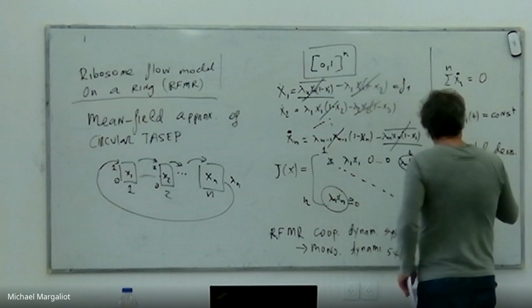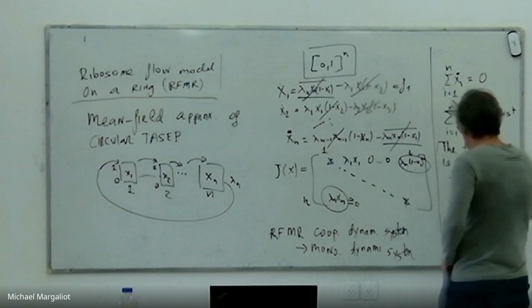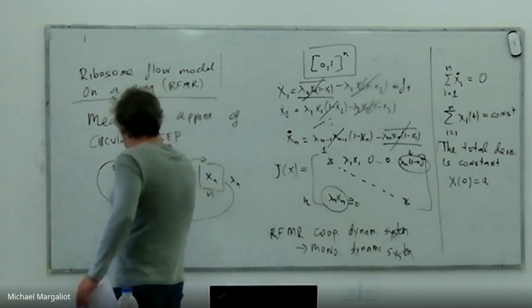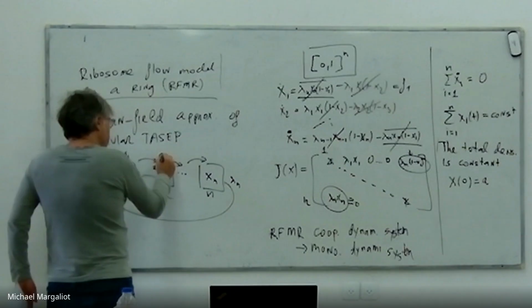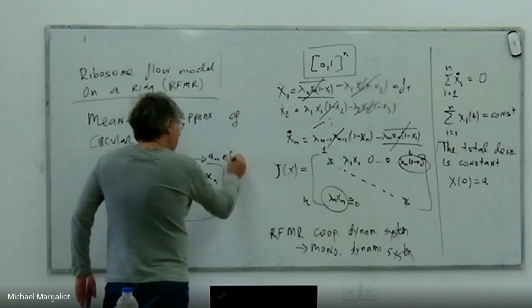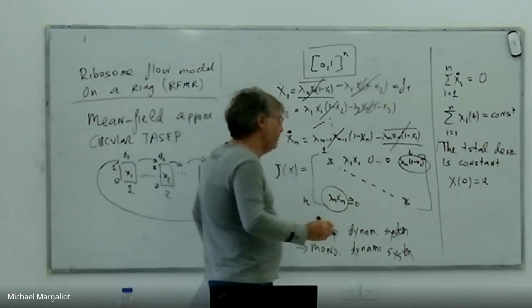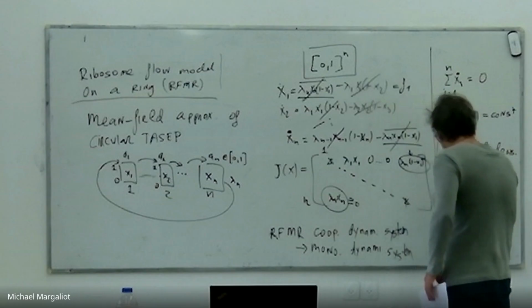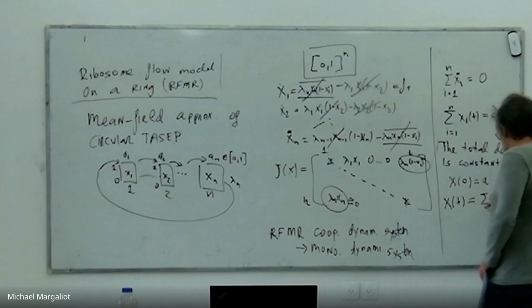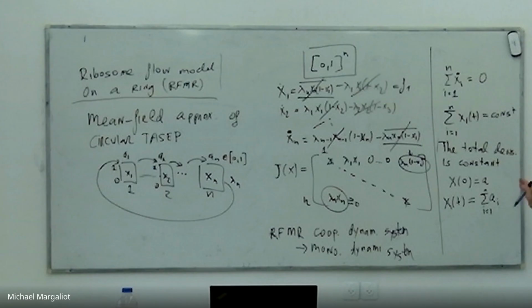And what this means is that if you take some initial condition A, so you start here with density A1, and here with density A2, and so on, and all the Ai are of course in [0,1], then when you look at the total density at time t, it is always equal to the total density of the initial condition, because the total density does not change.